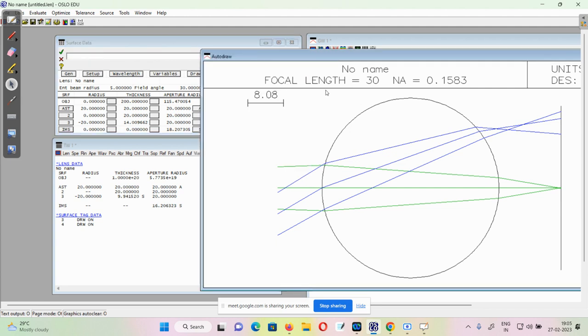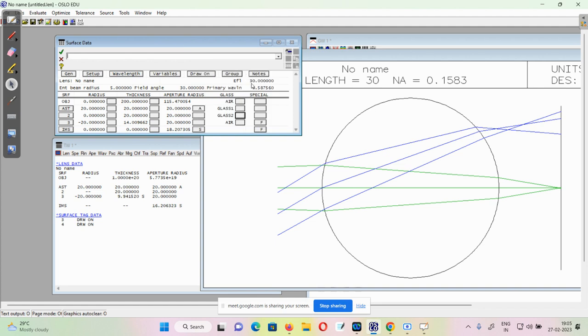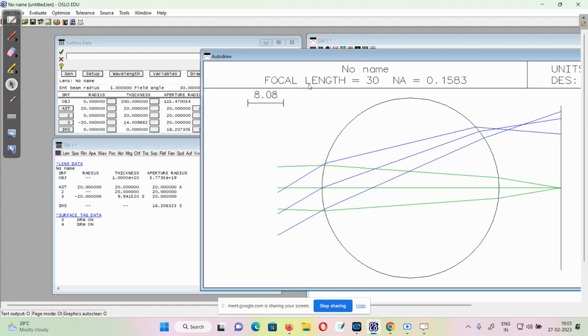Now, the effective focal length. Whatever focal length it shows in this auto draw is actually the effective focal length. Like here you can see that EFL is equal to 30, and here also the focal length is equal to 30.